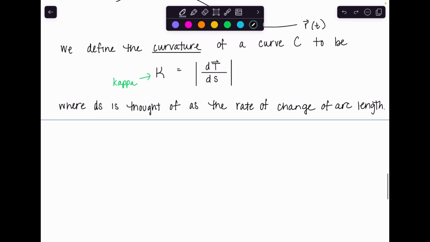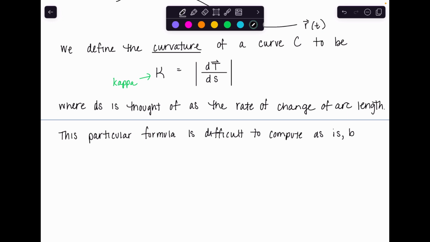This particular formula is very difficult to compute as it currently is. But we can actually express this in terms of that parameter t by using chain rule.